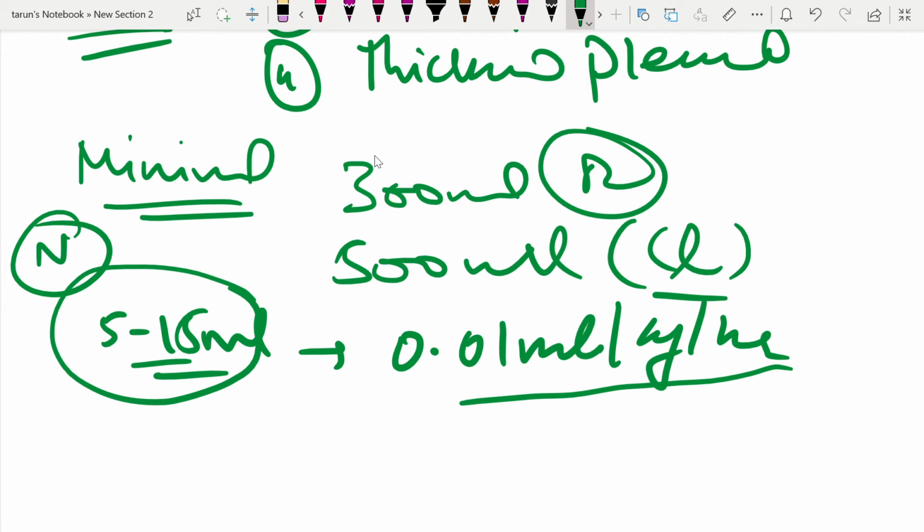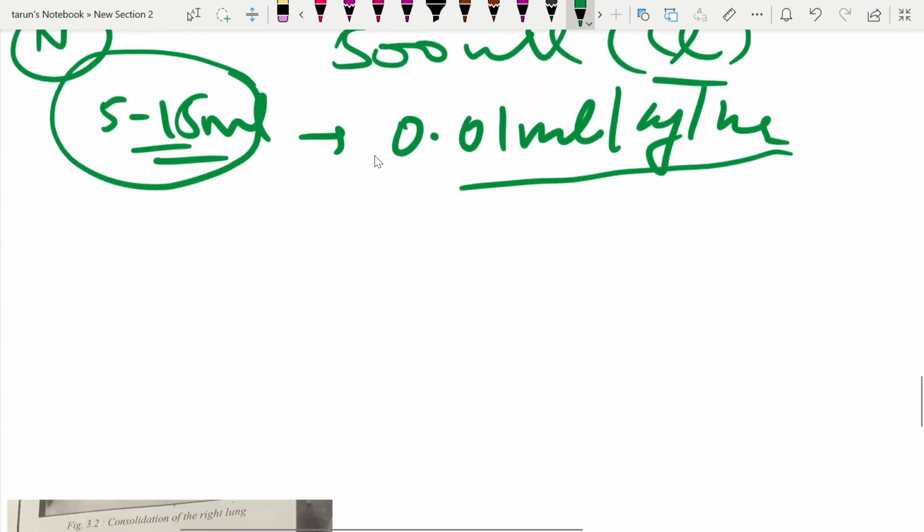A larger collection, approximately 300 ml, produces obliteration of the lateral costophrenic angle on the PA view.